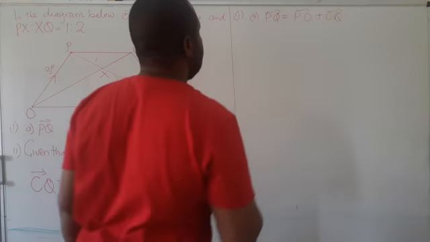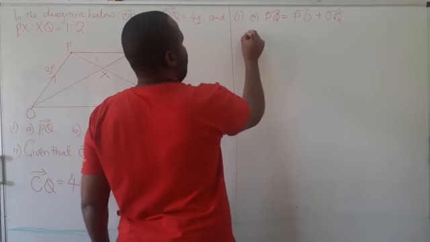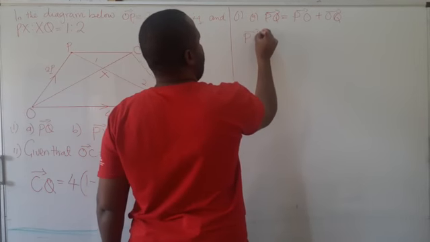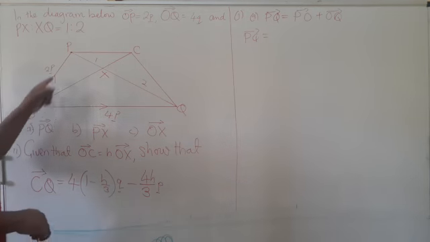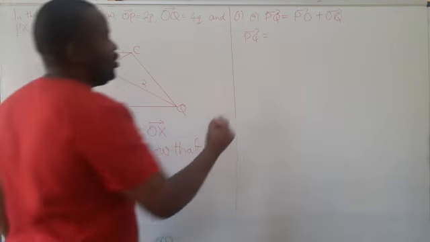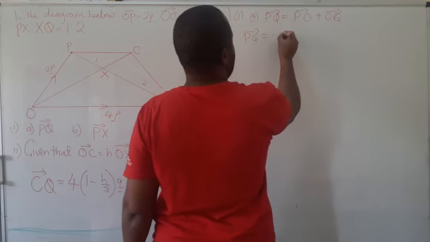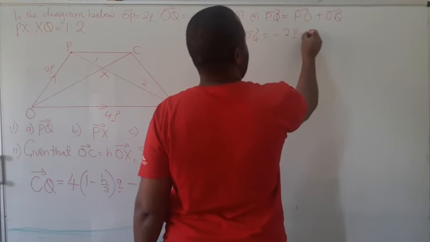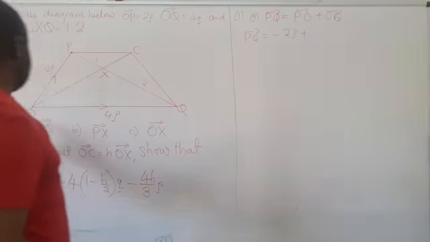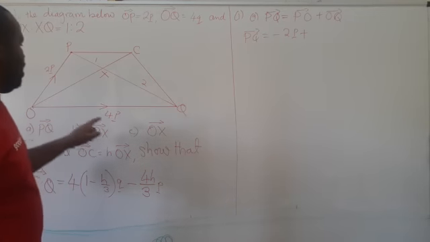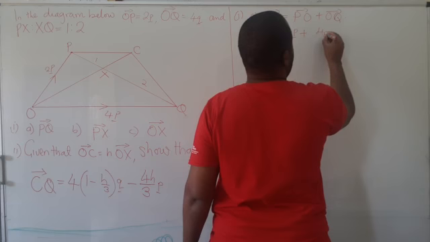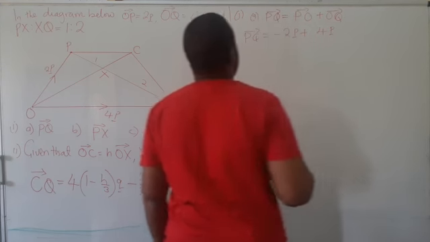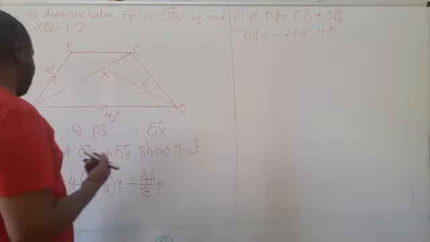So we are saying PQ is equal to PO, moving from P to O. You are going against the direction of the vector, so this is negative 2p, plus OQ, which is 4p. Alright, so we have got that, and that is our answer, basically.